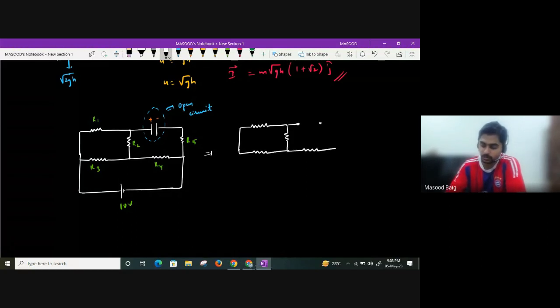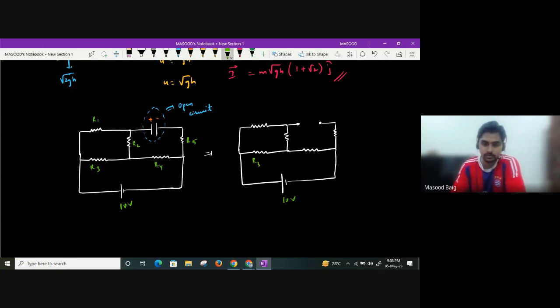This branch got opened because whenever the capacitor is fully charged, it will not accept charge. It will say, my stomach is full, I don't eat. Right? So it is not going to accept it. All the resistors are 2 ohms. So this is R3, R1, R2, R4, R5.